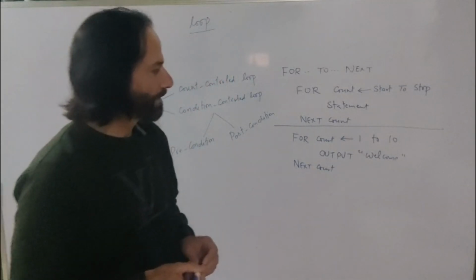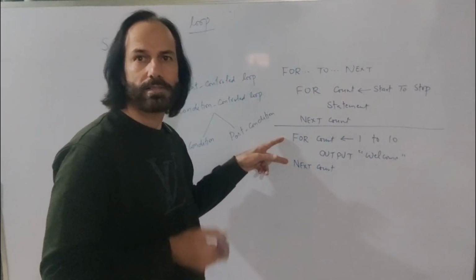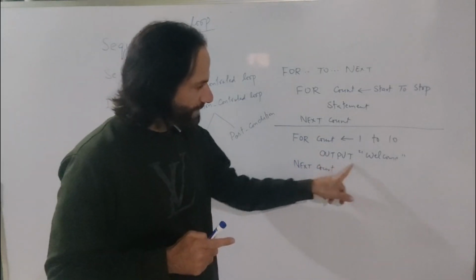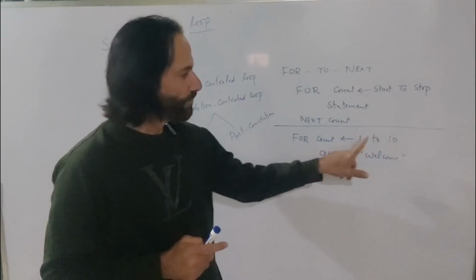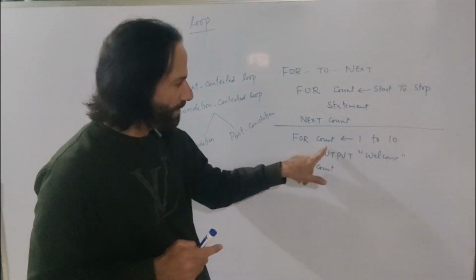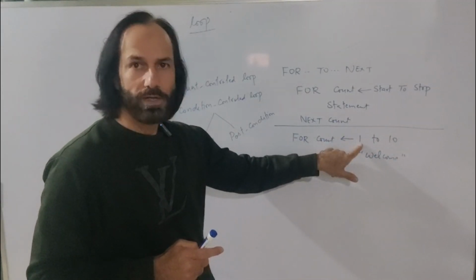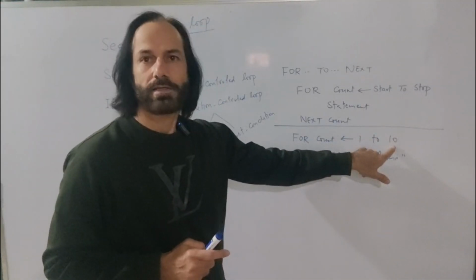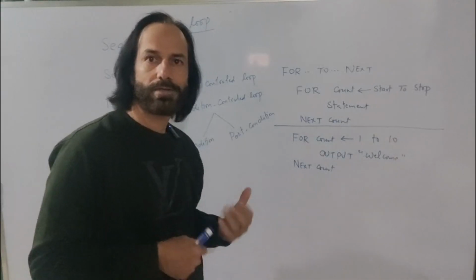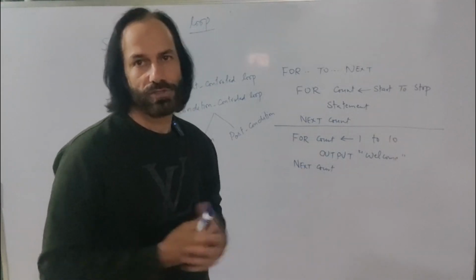Output welcome. Now when we run this code, this statement will be repeated 10 times. The count will start from 1 and end at 10, when it has taken 10 steps, 10 repetitions.